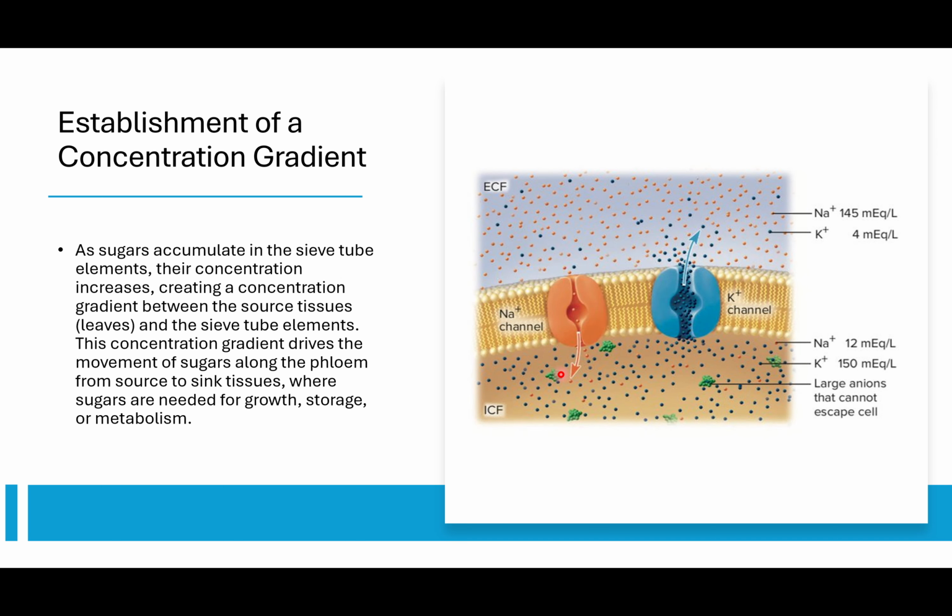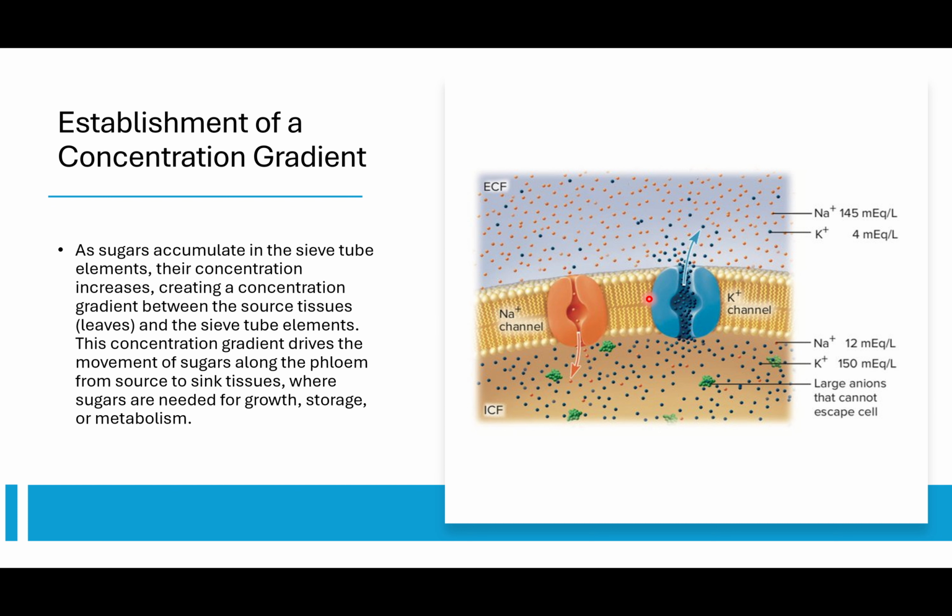The establishment of the concentration gradients, really, right? What we're generally looking at here is the fact that when sugar accumulates within the sieve tube elements, we're going to have a concentration gradient being set up. The concentration of the sugar in the sieve tube elements will increase, right?